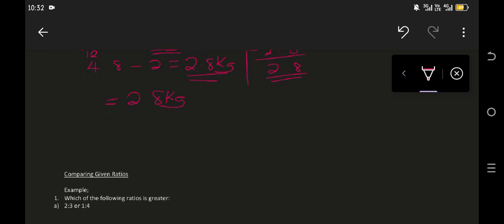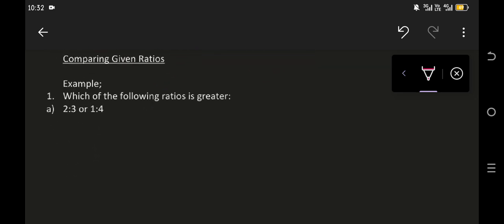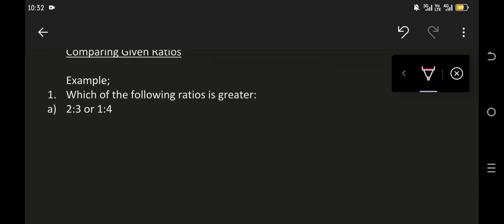Now let us look at comparing given ratios. That is, we want to see which one is larger and which one is smaller. We have examples here. Which of the following ratios is greater? 2 to 3 or 1 to 4? So again, the first step here is to change them into fractions.